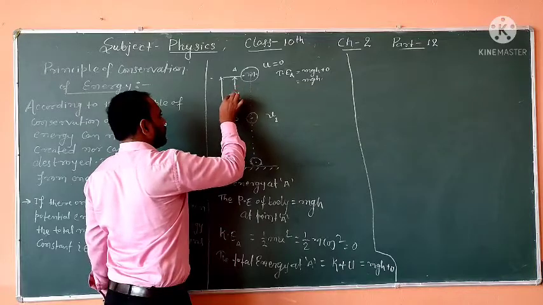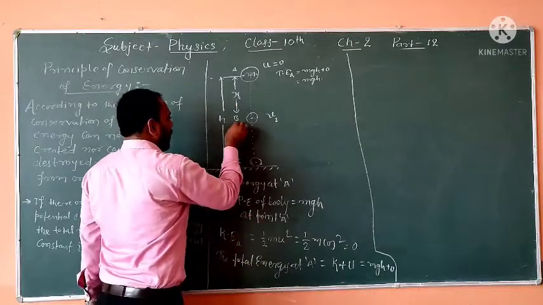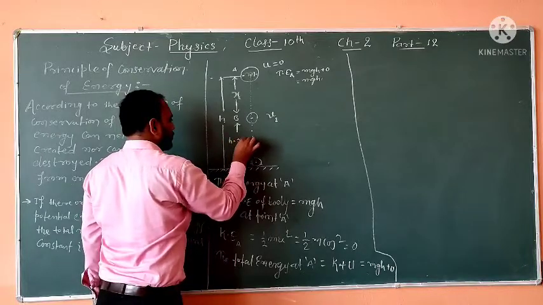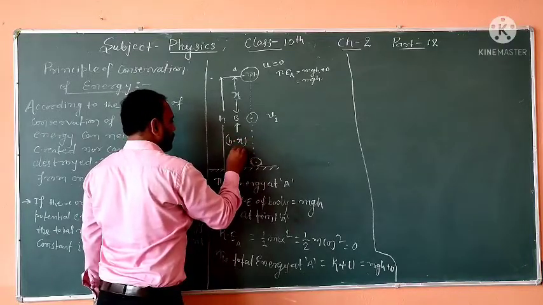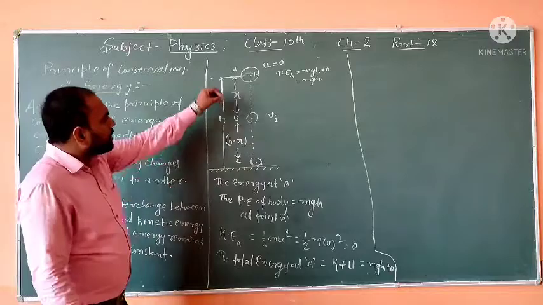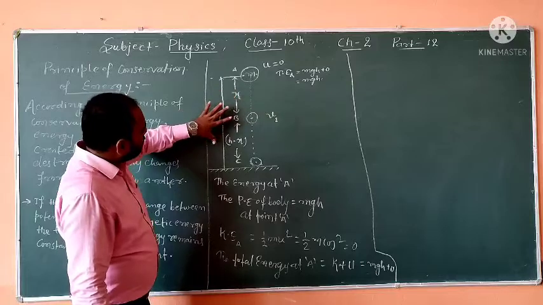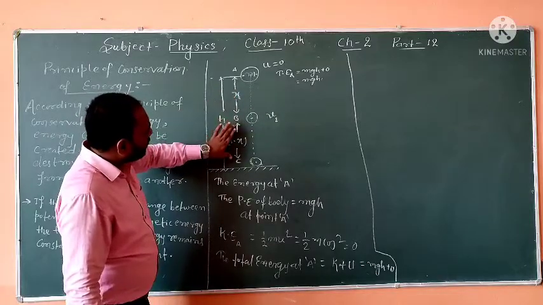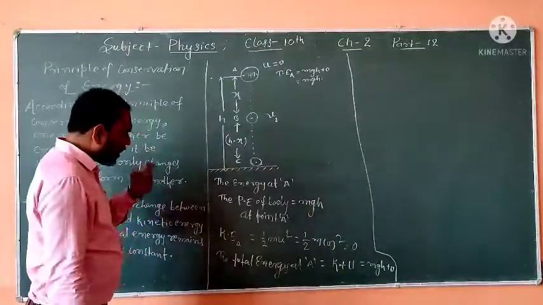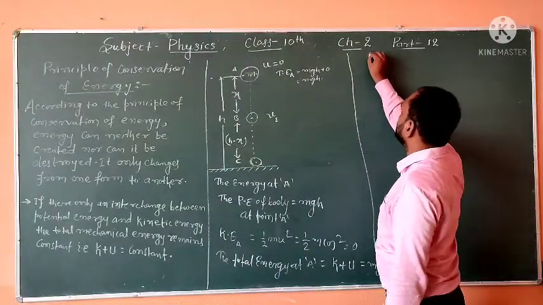And the remaining distance is h minus x, from B to C. If the total distance is h, and it has traveled x from A to B, the remaining distance will be h minus x. So now we will find the energy at B.